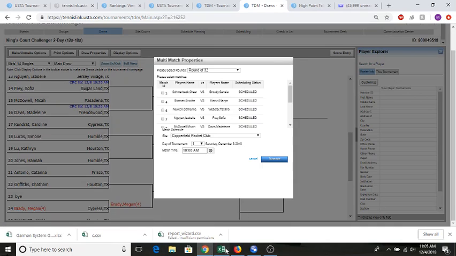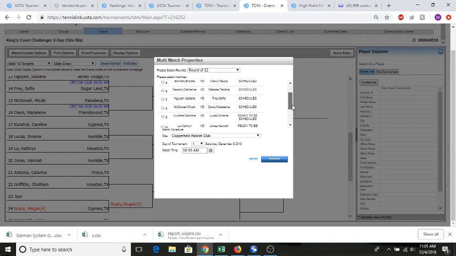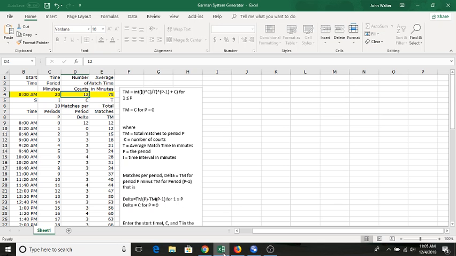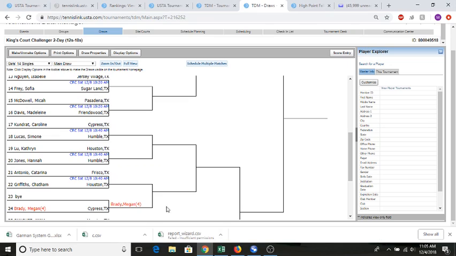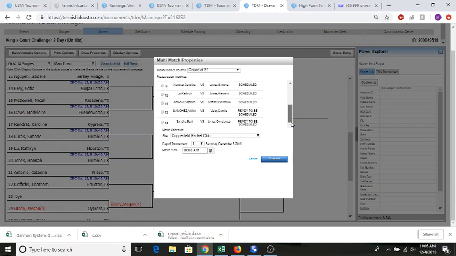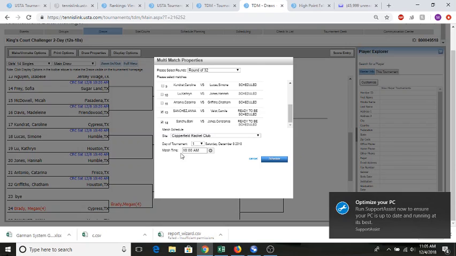Alright, and then looking at the generator again, 3 at 10:40. And one more time, we have 3 at 11. 1, 2. So we'll still have 1 more to schedule in my next draw.